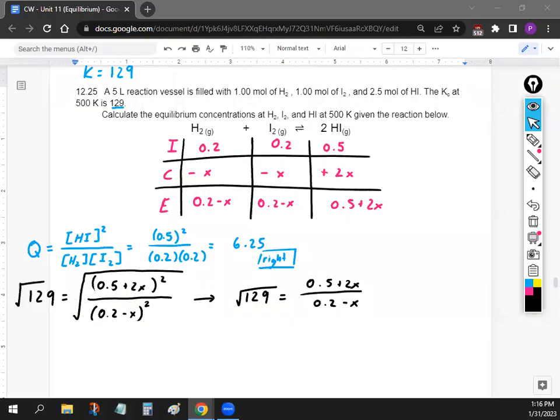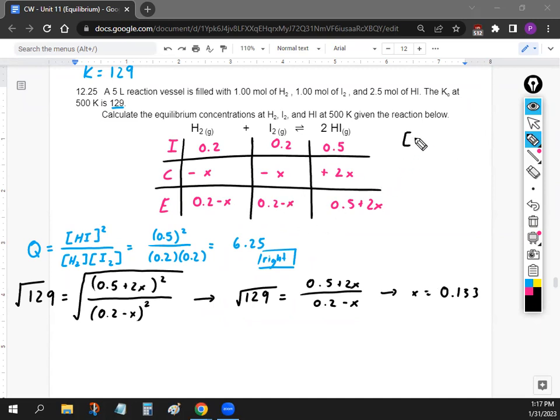Alrighty, guys. So for this problem, for x, you should get a value of 0.133. Okay. And then you just got to plug in x for all of these, and that will give you your equilibrium concentration.